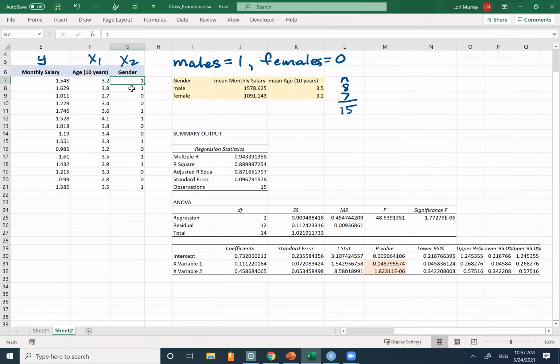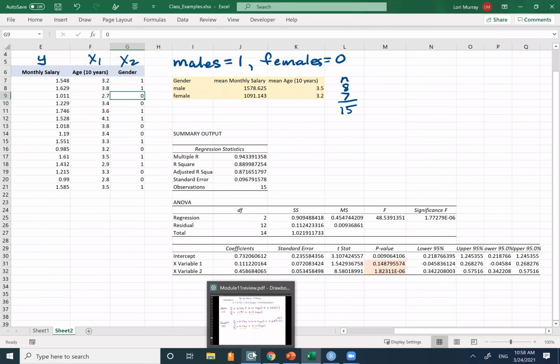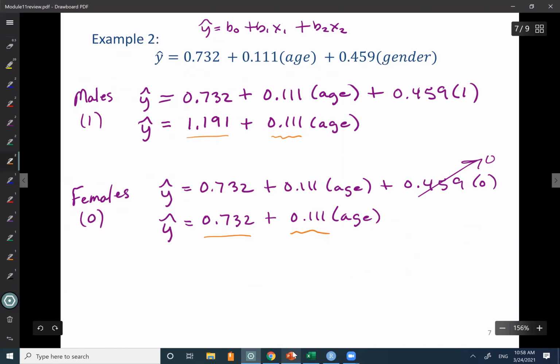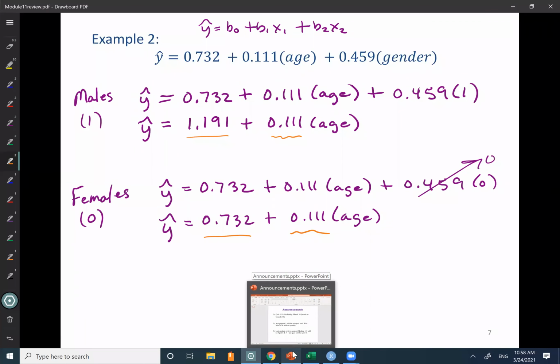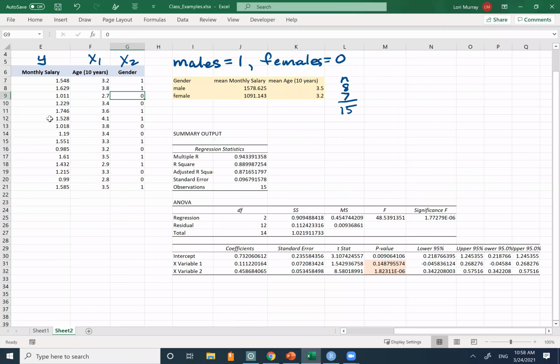You can try it as an exercise, because I've given you the data. You have the Excel. What you would need to do is change these 1s to 0s, change these 0s to 1s, and then rerun it. But you'll still see the result will be the same, in terms of the females having lower monthly salaries.